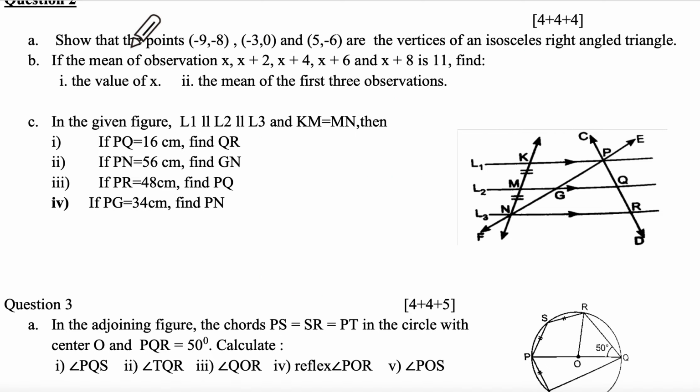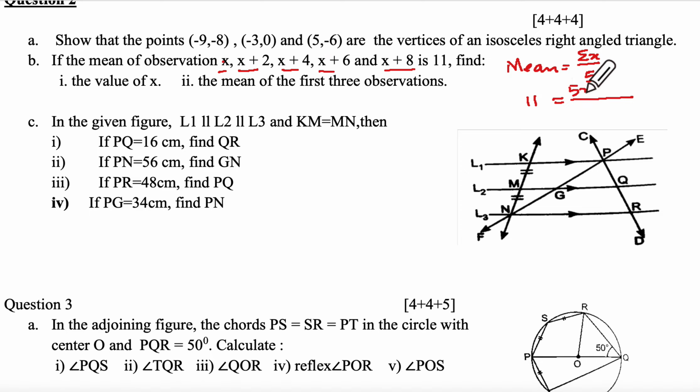Yes, ma'am. Now mean observation of blah blah blah is 11. So mean observation, so you'll say mean is equal to sigma x upon n. How much is n? 1, 2, 3, 4, 5. So upon 5. This is 11 equal to, summation of this will be x plus x, 1, 2, 3, 4, 5.